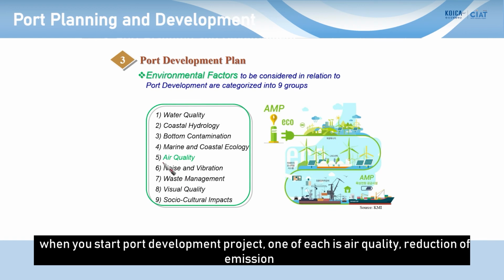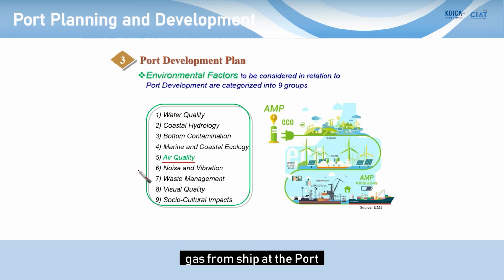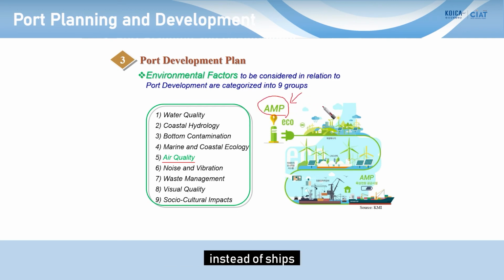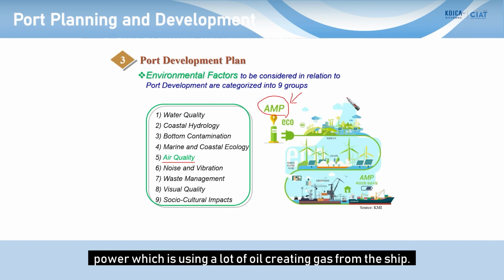One of the issues is air quality, a reduction of emission gas from ships at the port. As mentioned in the previous lecture, the IMO, International Maritime Organization, strongly regulates the emission from the ship and the port. AMP, alternative maritime power, replaces the ship's power, which uses a lot of oil, creating greenhouse gas from the ship.